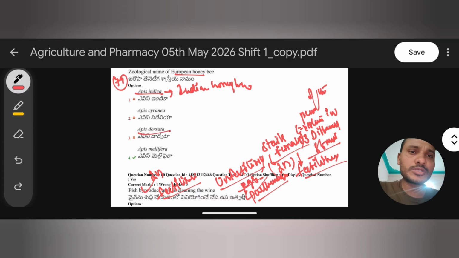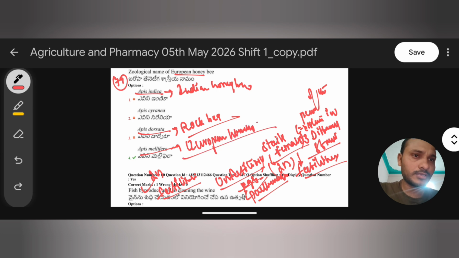Apis dorsata is the rock bee, also called rock bee honey, which is generally present on rocks. And Apis mellifera is the European honeybee, also called the Western honeybee or the Italian honeybee. So the European honeybee, Western honeybee or Italian honeybee is Apis mellifera.